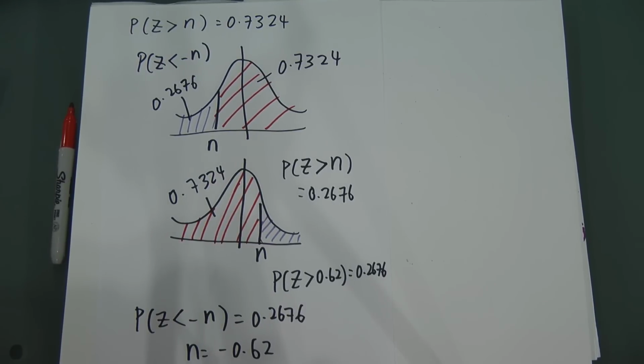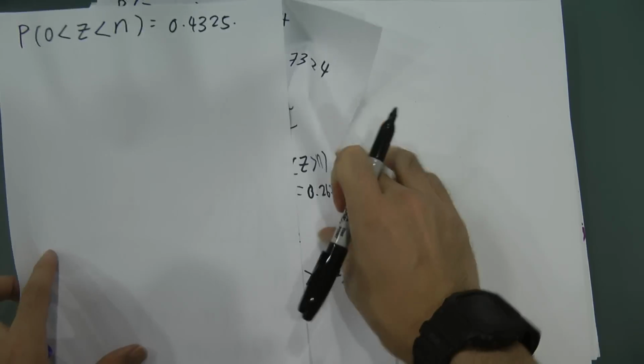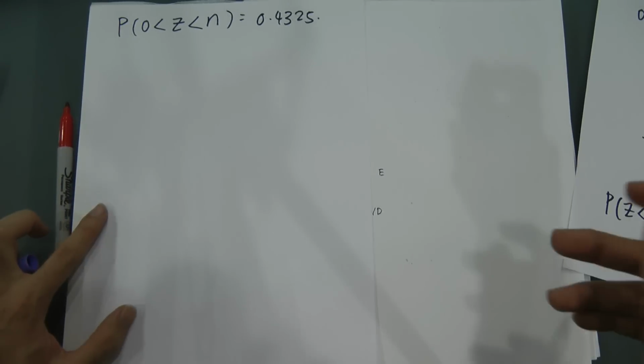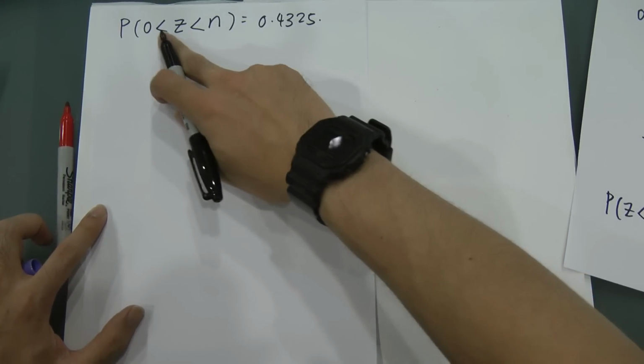Okay, then we can go to another. Let me show one more example here. I think this is an example which is very easy, so I'm going to teach you very fast. You see Z is between 0 and n.